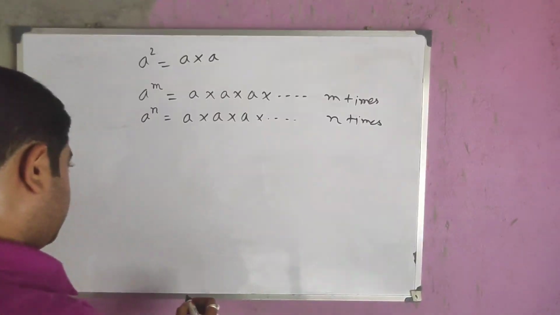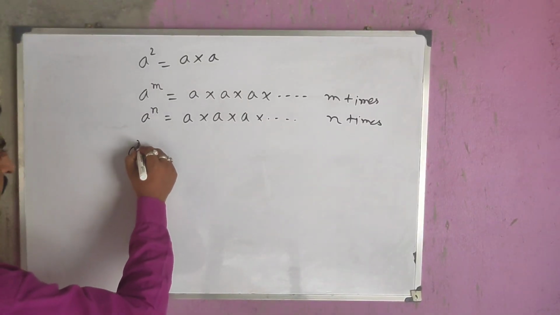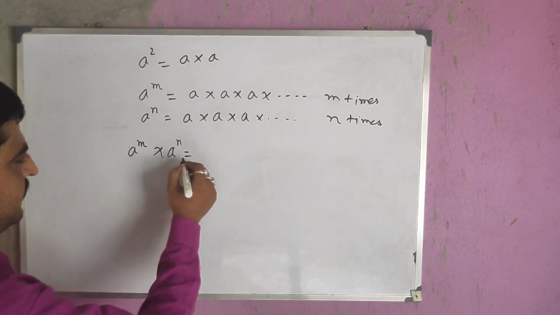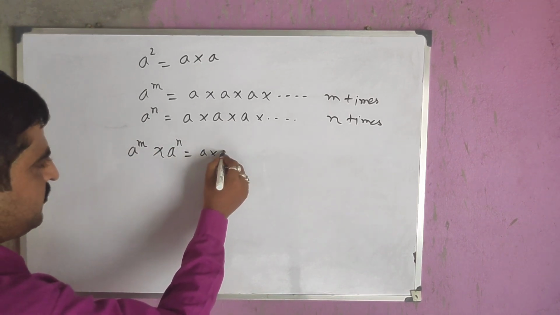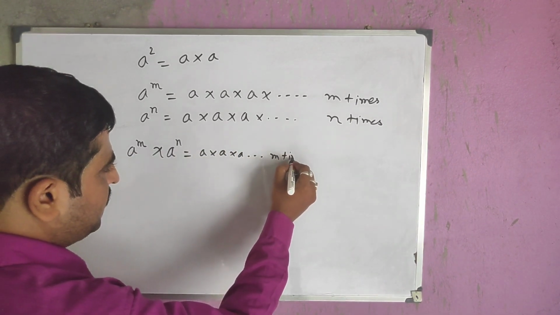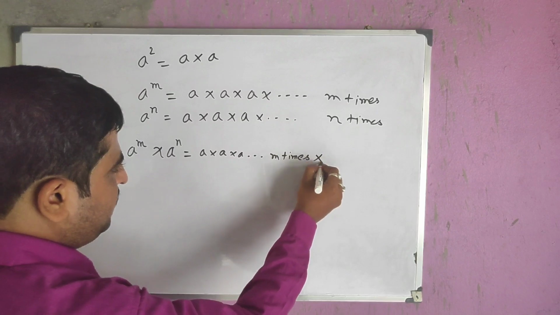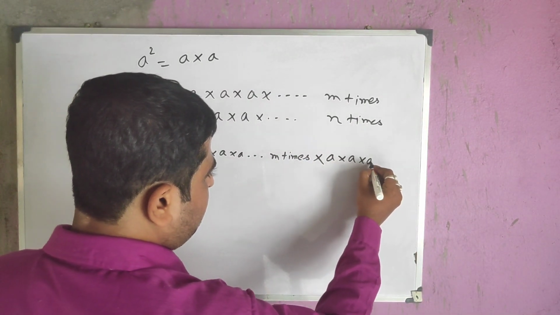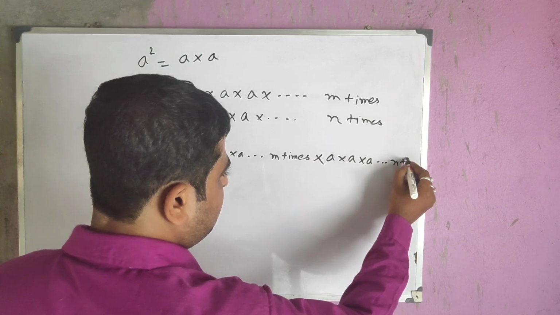So if you are asked to find the value of a to the power m into a to the power n, that means a to the power m is a into a into a, m times, into a into a into a, n times.